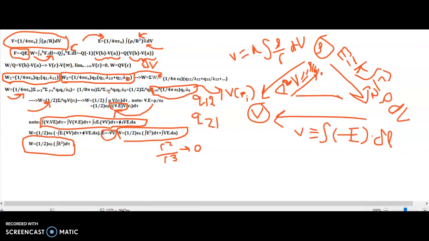Now from the potential to the field, I can express the relationship as such, as I've already previously written.